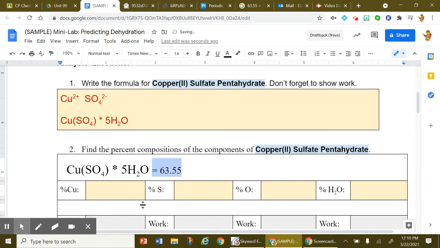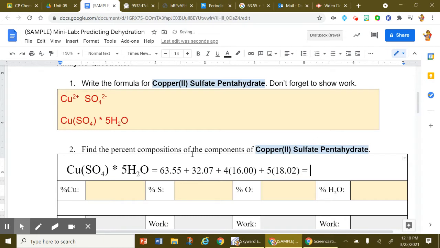Otherwise, I won't have room for it. It's also made of one sulfur. Sulfur is 32.07. It's made up of 4 oxygen, so that's 4 times 16.00, plus 5 H2O. I know for a fact that H2O is 18.02 grams per mole.